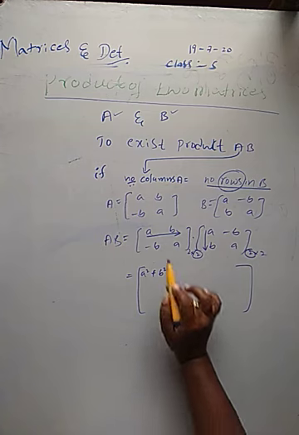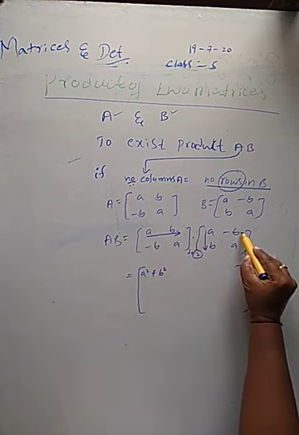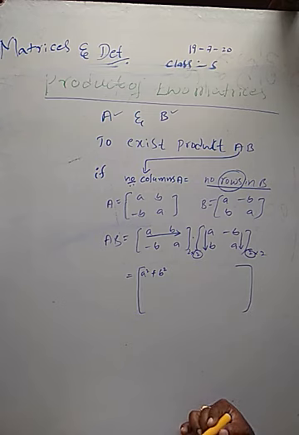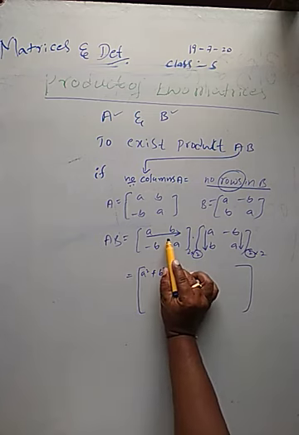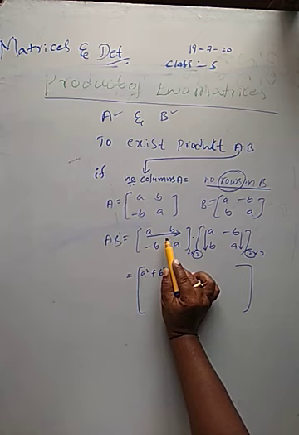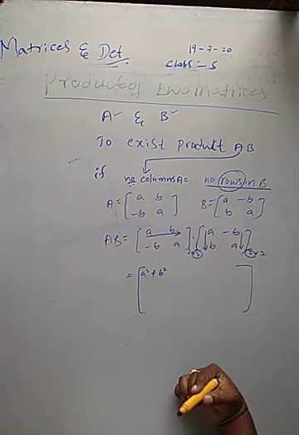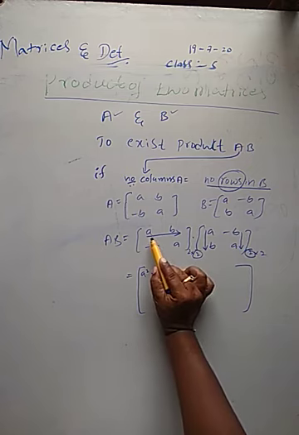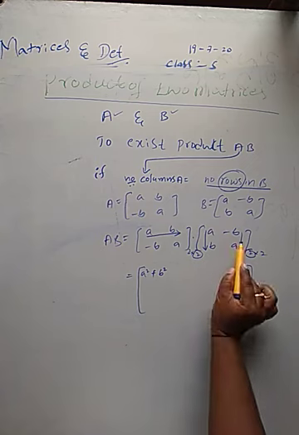Then go to the same first row, second column. Don't change the row. Complete the first row with respect to all columns. Then come to the second row. That is the proper way. What about the row? Same row. What about the column?